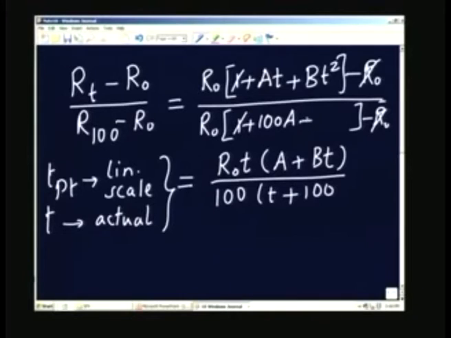A plus 10 to the power of 4 B. So, I take 100 outside, this becomes A plus 100 B.